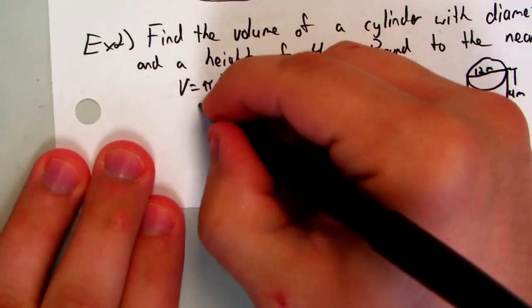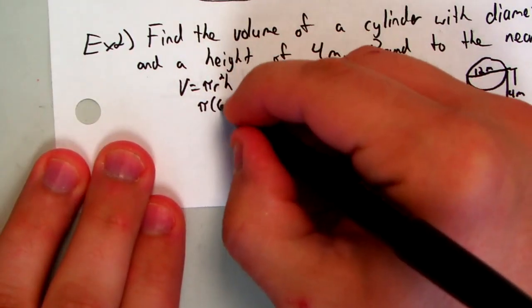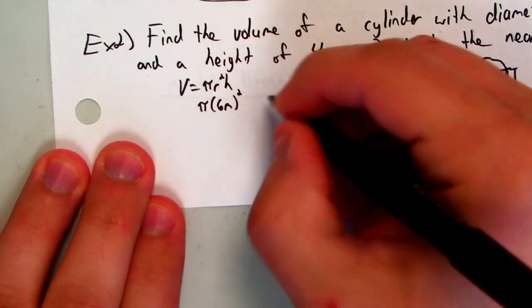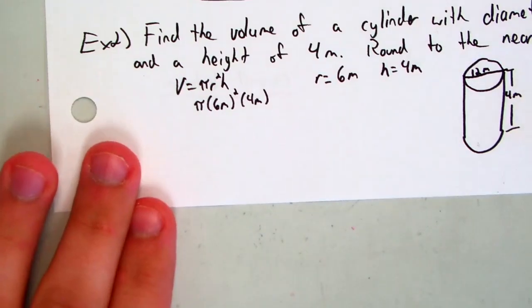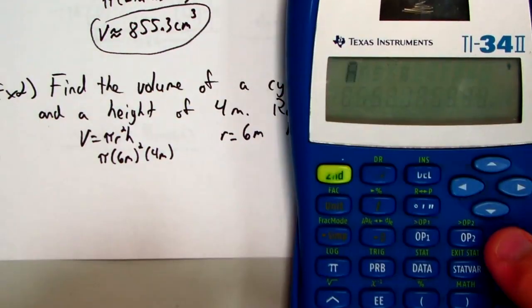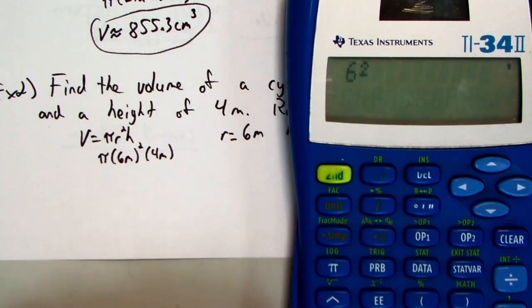So again, going through this, pi, starts substituting values in, so 6 meters is my radius, 4 meters is my height. Using the calculator again, 6 squared is 36.